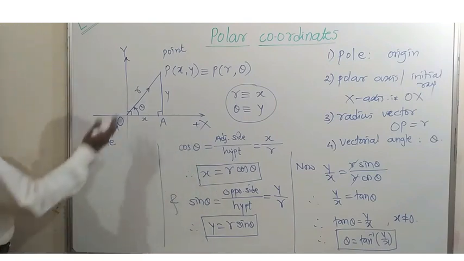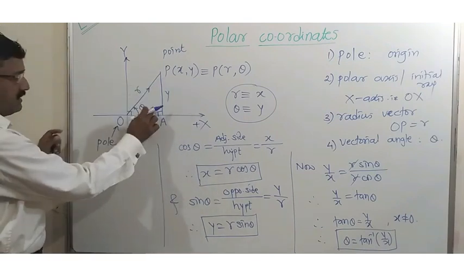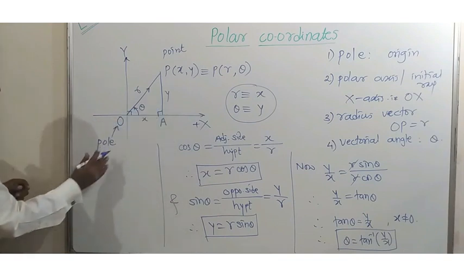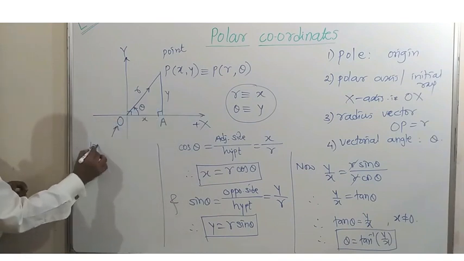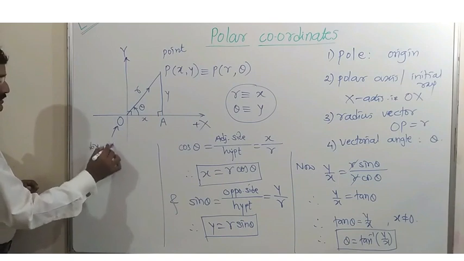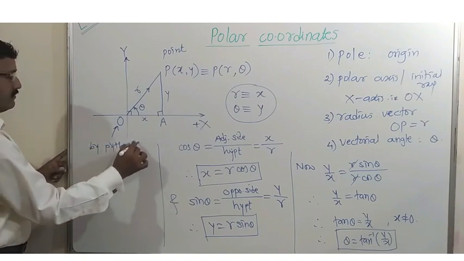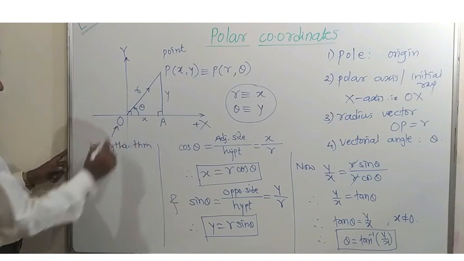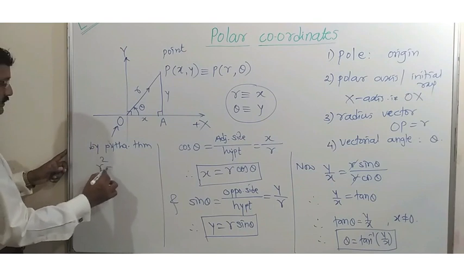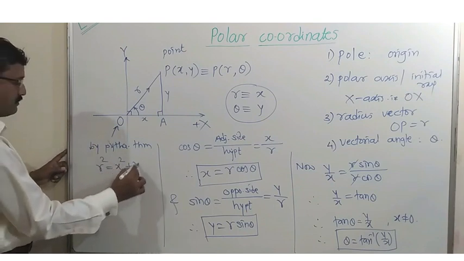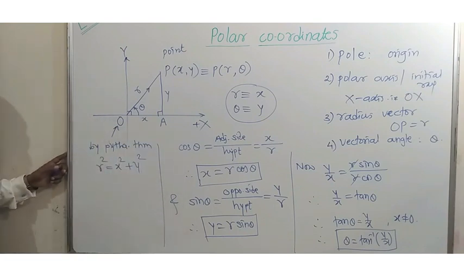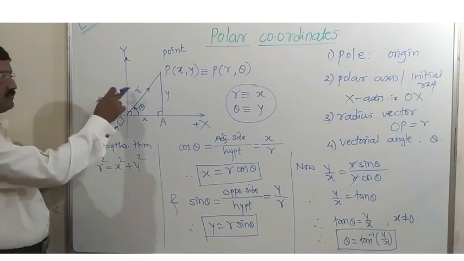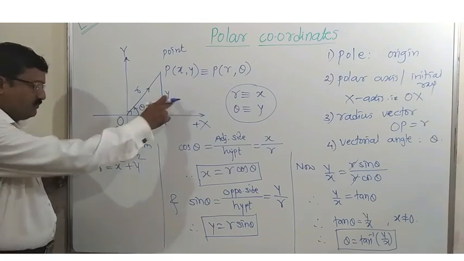So from this triangle, as this is a right angle triangle, by using the Pythagoras theorem, we can write r square is equal to x square plus y square. Is it okay? R square is equal to x square plus y square.